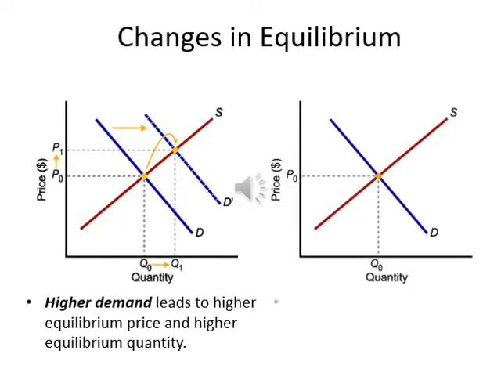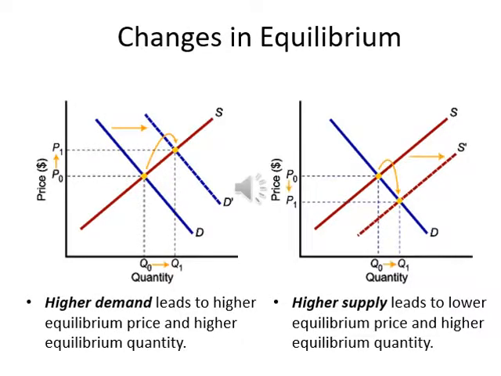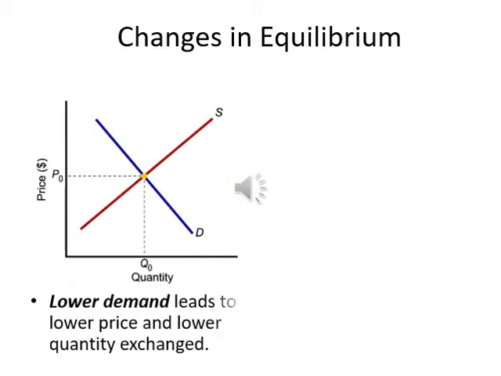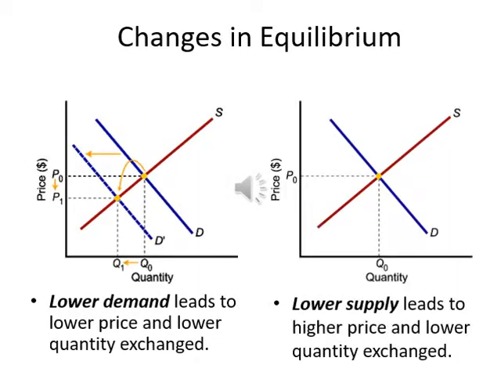Higher demand leads to higher equilibrium price and higher equilibrium quantity. Higher supply leads to lower equilibrium price and higher equilibrium quantity. Lower demand leads to lower price and lower quantity exchange. Lower supply leads to higher price and lower quantity exchange.